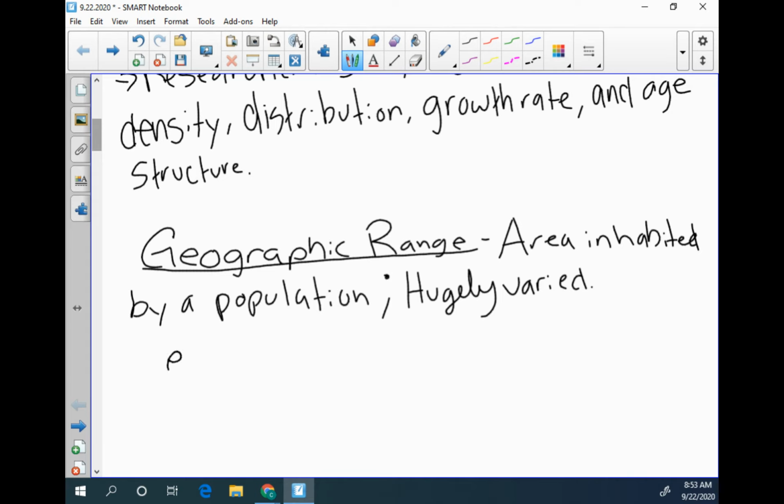For example, if we are studying a bacterial population, the geographic range could literally just be a rotting pumpkin. We're going to look at this bacterial population, and its entire geographic range is just going to be this one pumpkin.